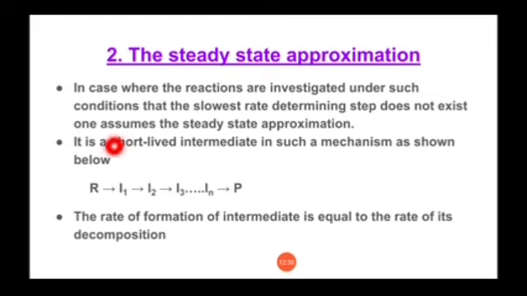Of course, it is a short-lived intermediate, and in such a mechanism as shown below, reactants are converted into some different intermediates, and then they convert into products. Here the rate of formation of intermediate is equal to the rate of decomposition, which means the rate of change of all intermediates is equal to 0.